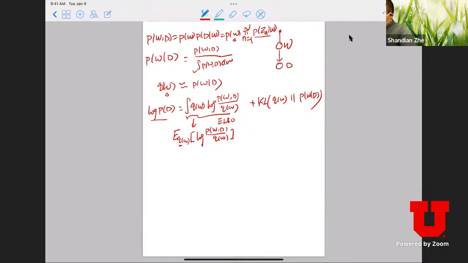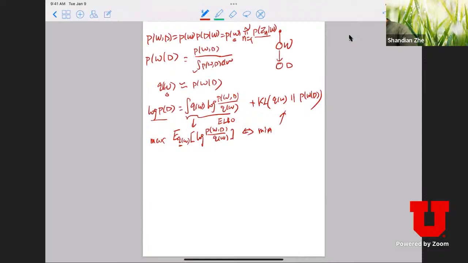The good view is that if we do not restrict Q of W, let me assume Q of W is free and you don't put any constraint, then maximizing this ELBO is equivalent to minimizing the KL divergence, right?